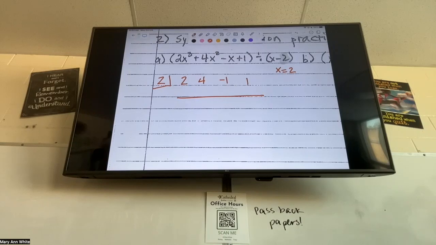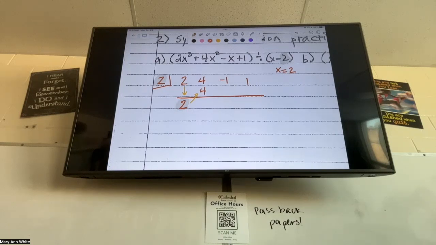Now I take my first number and carry it down below the line. So I carry that first 2 down below the line. Then I take that 2 and multiply it by the 2 that's in the house. So I multiply the number under the line with the number in the house, and that number goes up here. So 2 times 2 is 4. So I get to write 4 here.